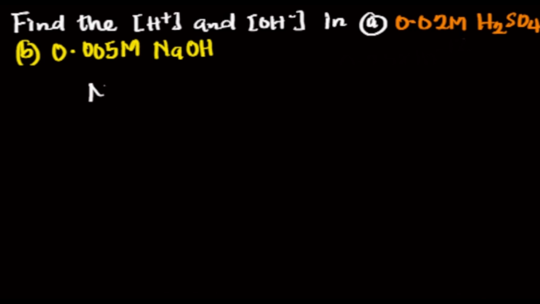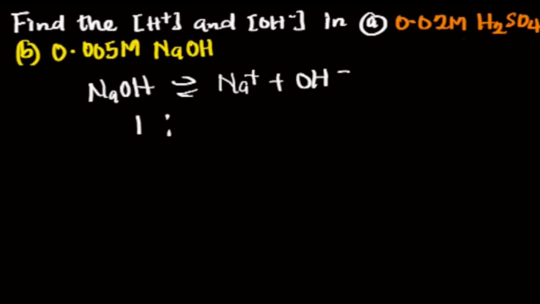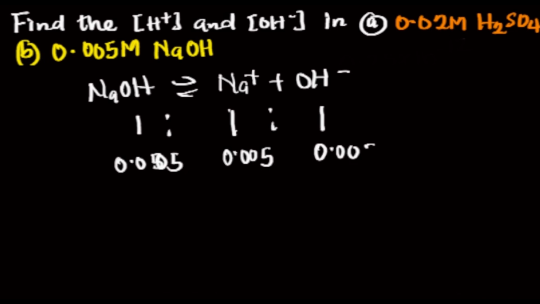Whenever we dissolve it in water, it dissociates into Na plus and OH minus, and they exist in the ratio 1:1. So we have 0.005 molar of this producing 0.005 of this, and also 0.005 of this.